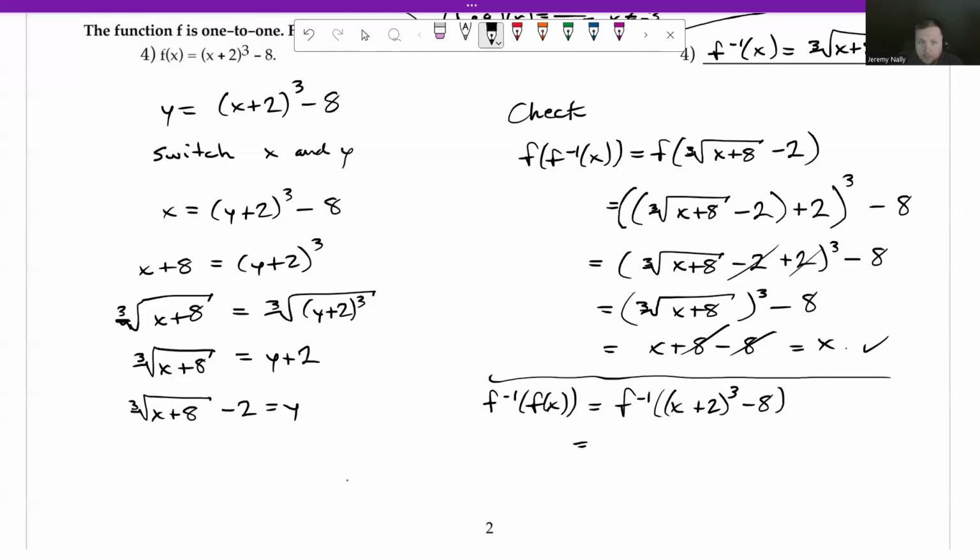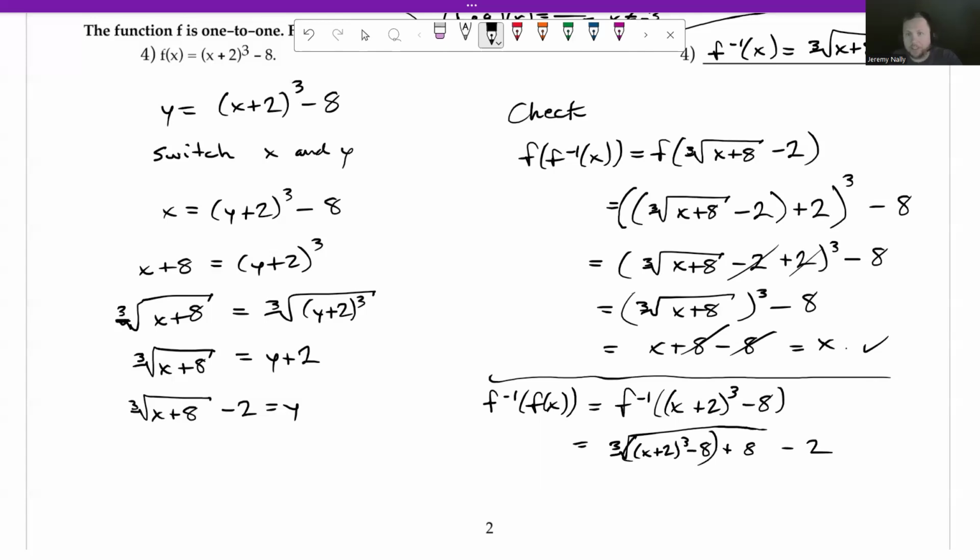And then that's going to be the cube root of (x plus 2) cubed minus 8 plus 8, minus 2.